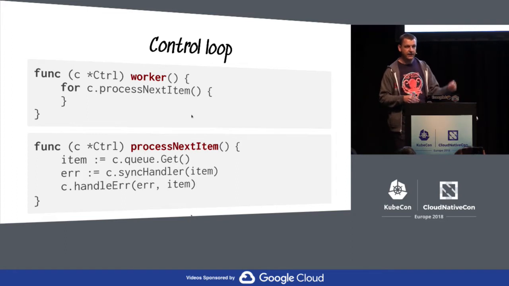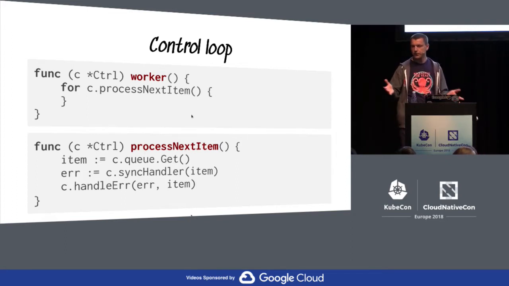It's processing every single item from the queue, picking it up, doing whatever you want to do with your controller, pushing it back to the queue or ignoring it, updating the status, and continuing. This is basically the entire logic of every single controller within the Kubernetes world. And when I'm talking about controllers, this applies to CRDs as well as the core controllers. All of them are working in the same way.